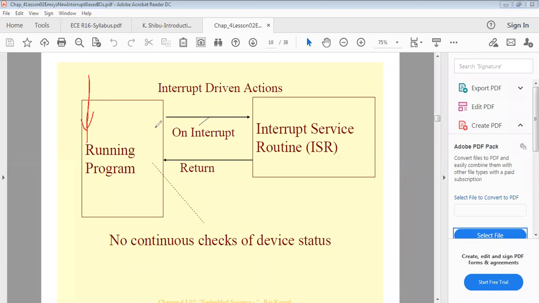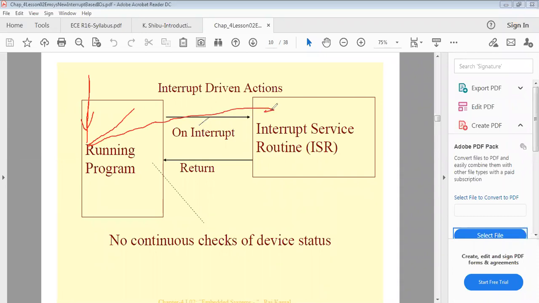If any interrupt occurs during this program execution, which has the highest priority, then in response to that interrupt it has to go for some actions regarding that interrupt, as the interrupt service routine, ISR.